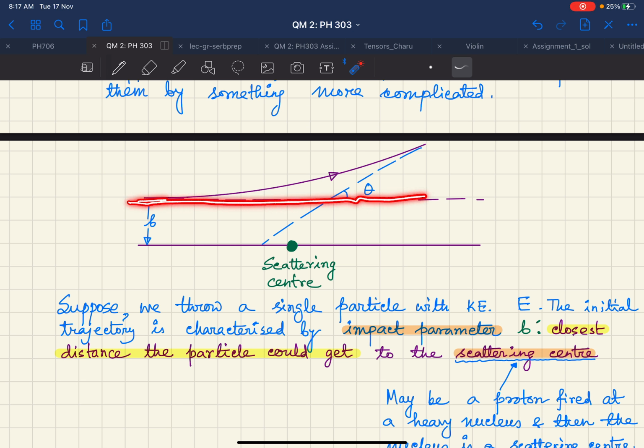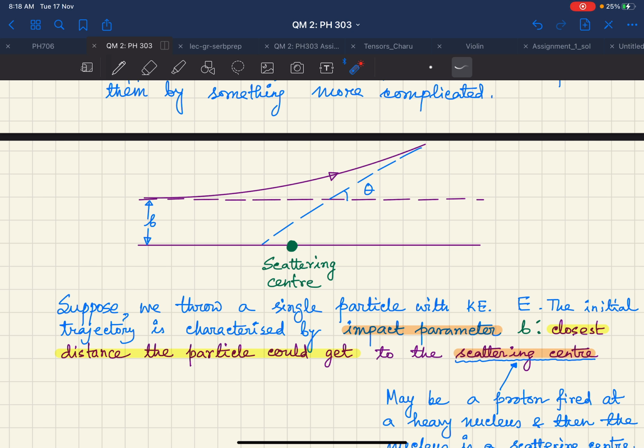If the scattering center was not here, then this particle which is thrown at a height b could actually be going unhindered without any change of the trajectory. But now that it has come towards the vicinity of a scattering center, as I said, this may be a charged particle, so it will basically be scattered.